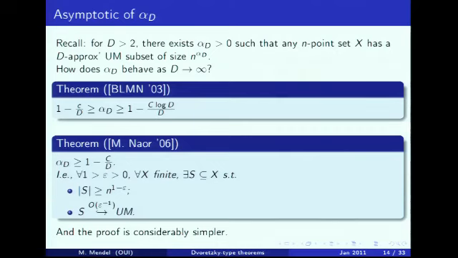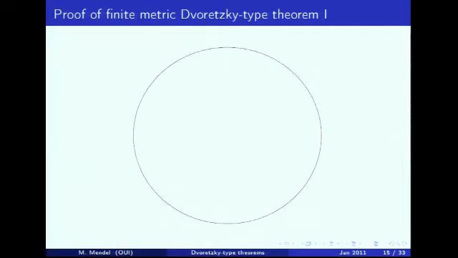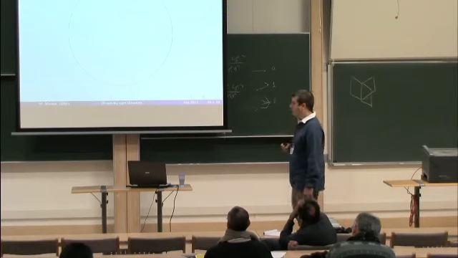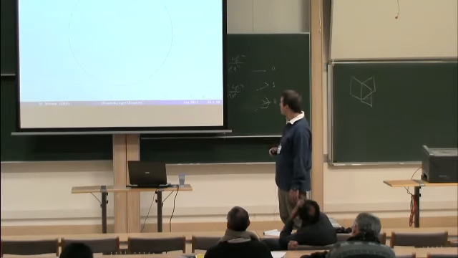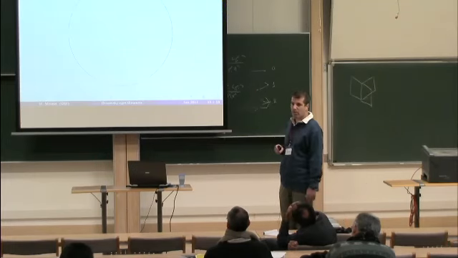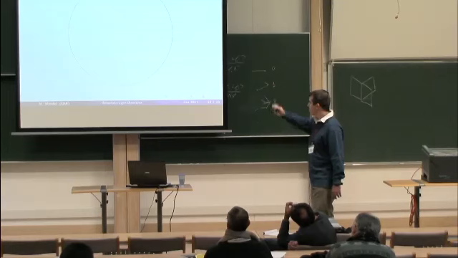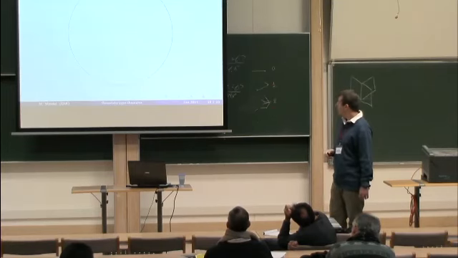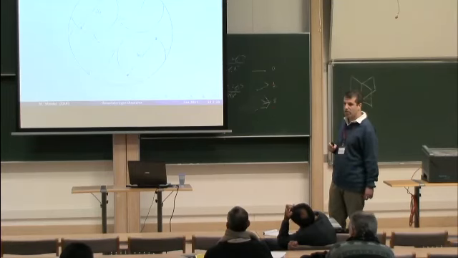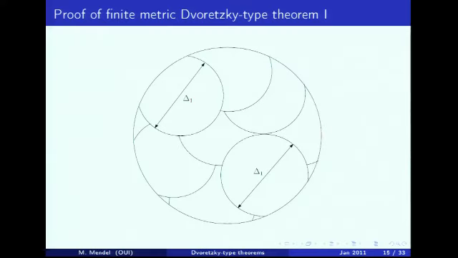And here is the outline of the proof, or at least the outline of the first half of the proof. So we have this general metric space here of some diameter. We take a partition of this metric space into clusters of diameter delta 1.